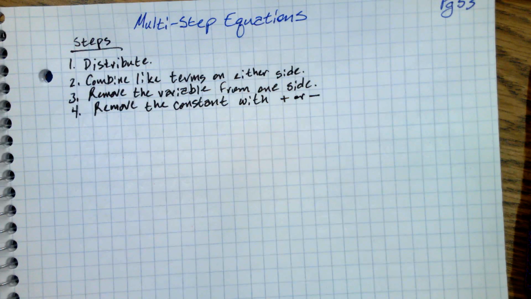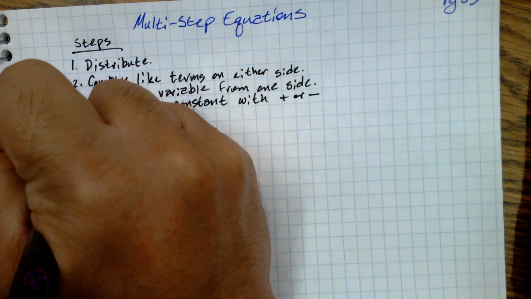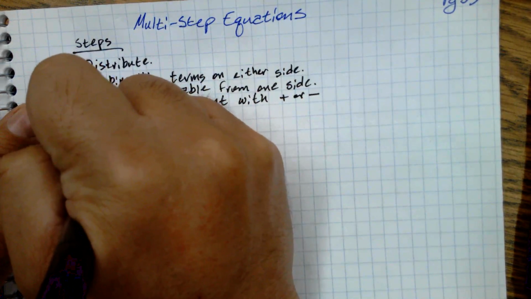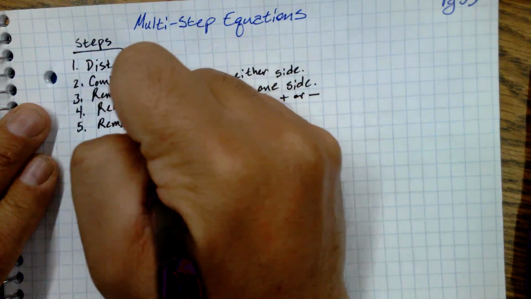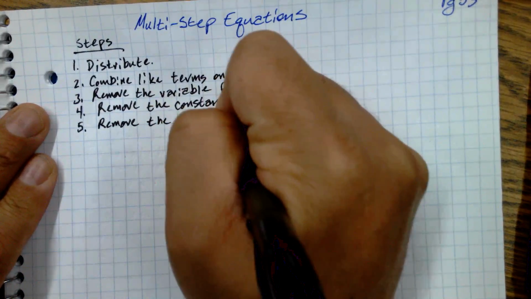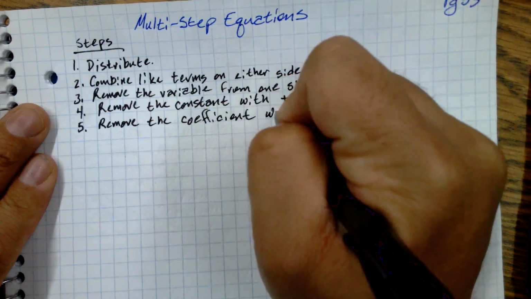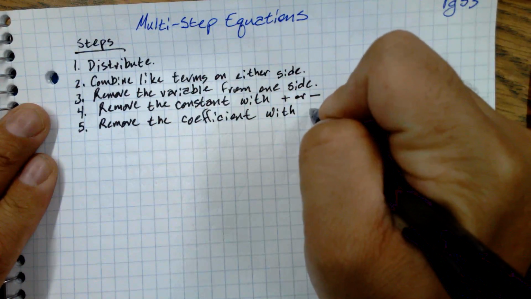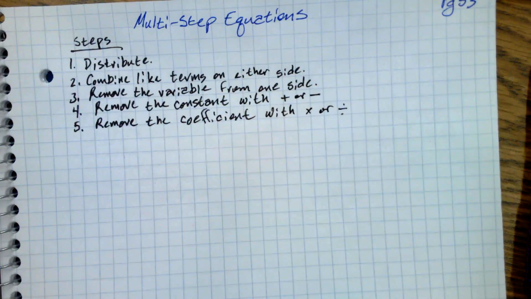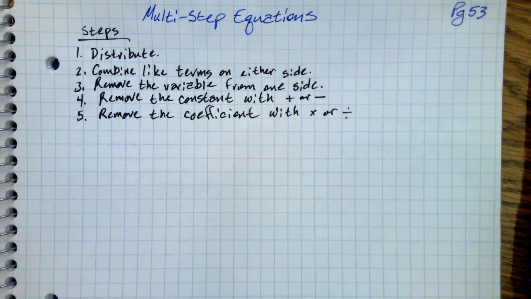And then the final step is going to be remove the coefficient with multiplication or division. Okay. So that's going to be the laundry list we're going to follow to solve these equations.